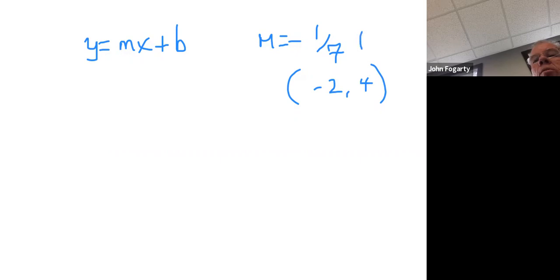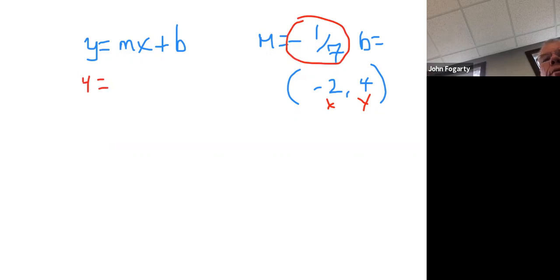I don't know what b is, but I do have enough information to figure it out. So I'm just going to substitute what I know. I'm going to put 4 here equals m, which is -1/7, times x, which is -2, plus b.